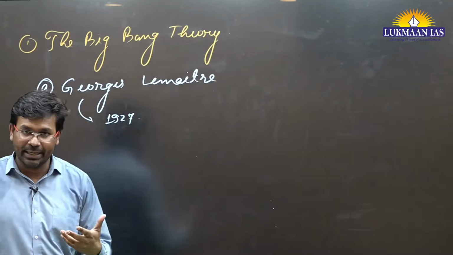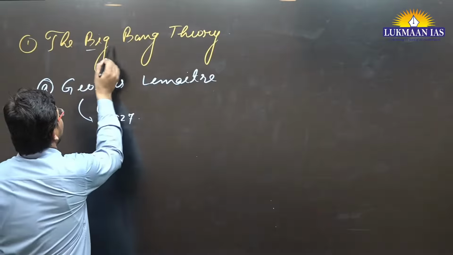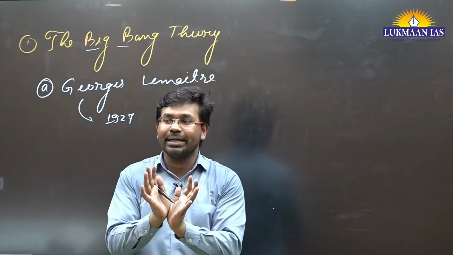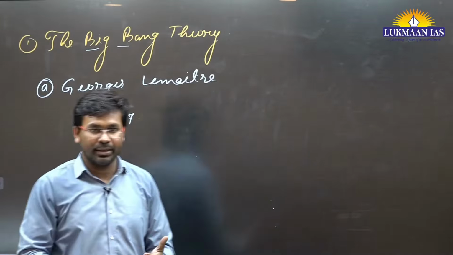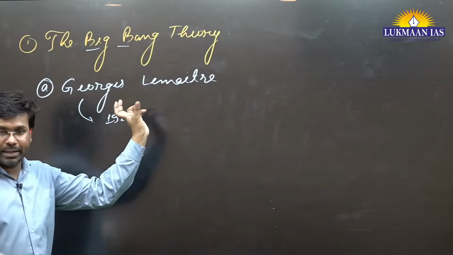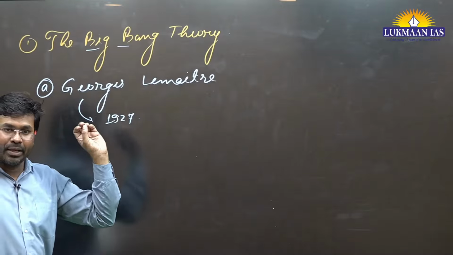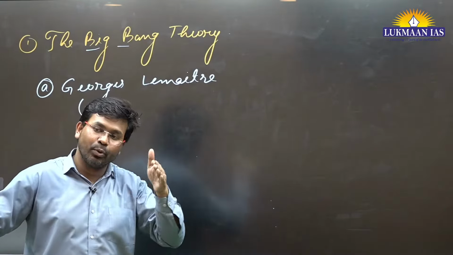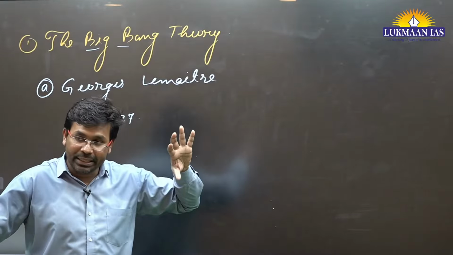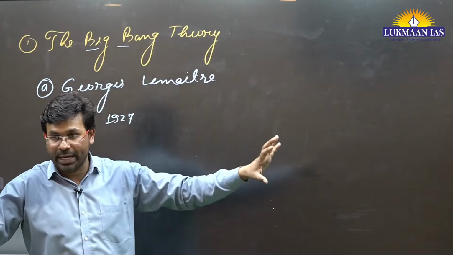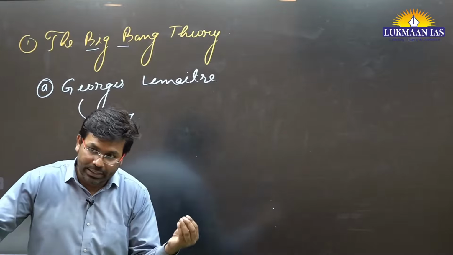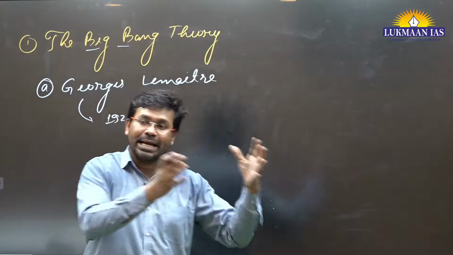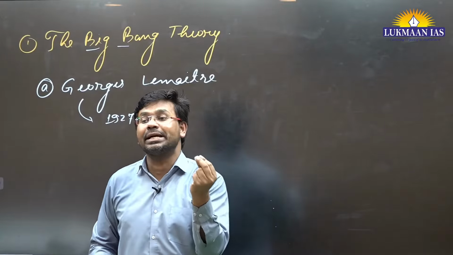But he did not coin the term Big Bang. The term Big Bang came later, but the idea that something has happened came from Georges Lemaitre. What he said was that if we go long back in the history of time, there was a time where the entire universe as we see today originated from a single point.